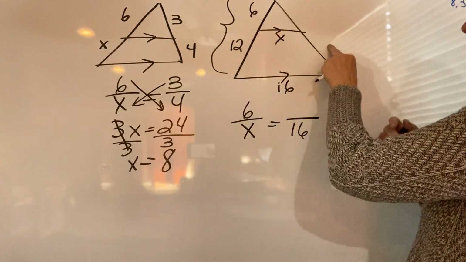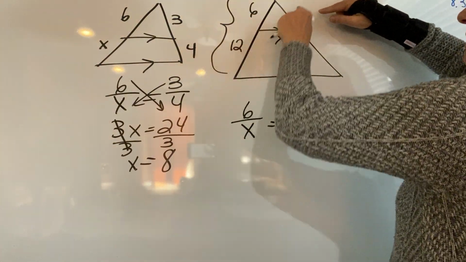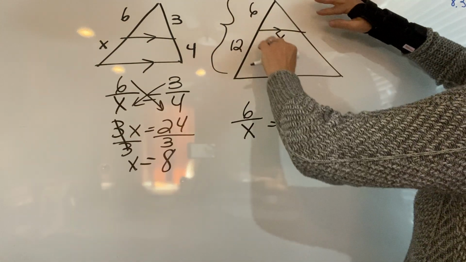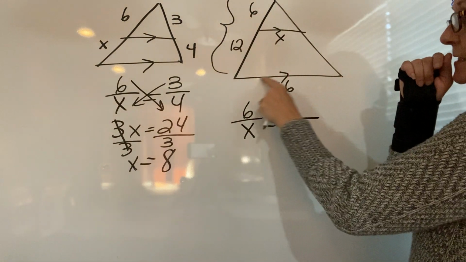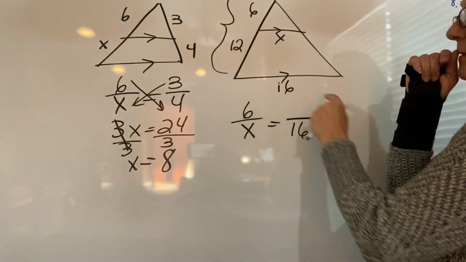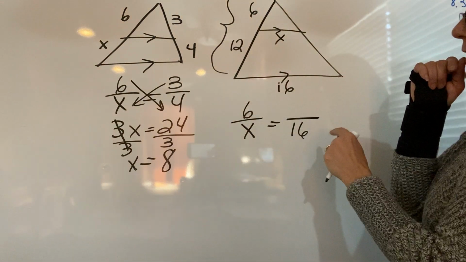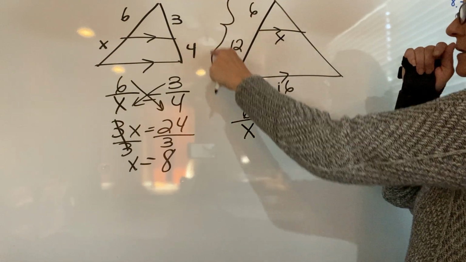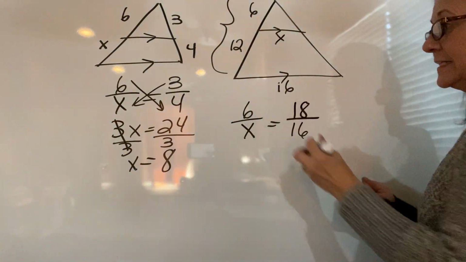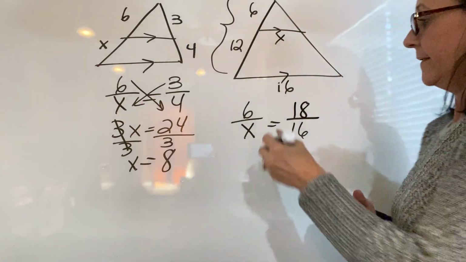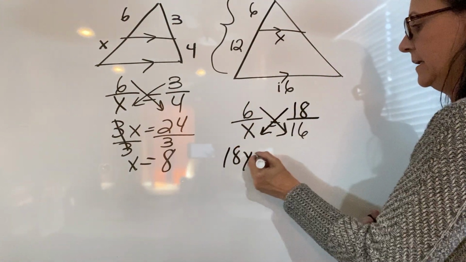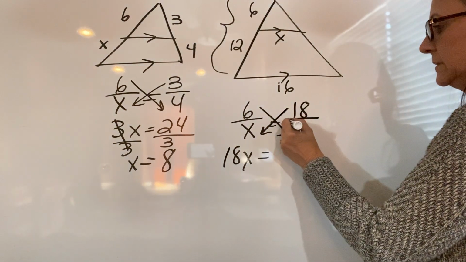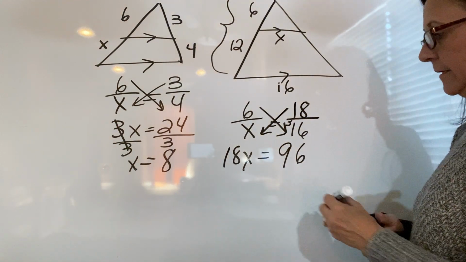If we were going side to side, we could do 6 over 12 equals this over that. But because I'm doing the small one to the whole one, because this is the entire base of that triangle, I have to do the entire side. So that's 18. And then I cross multiply. 18x equals 6 times 16, that's 96.